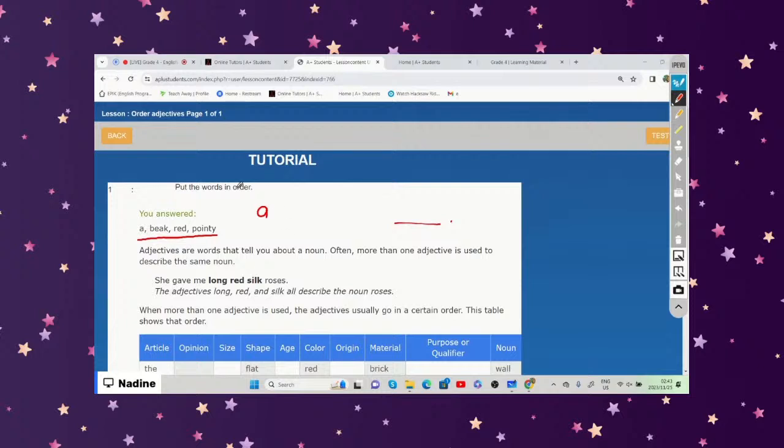All right, so if we put these words in order, especially when it comes to our ordering of adjectives, then we are going to say it is a pointy red beak.